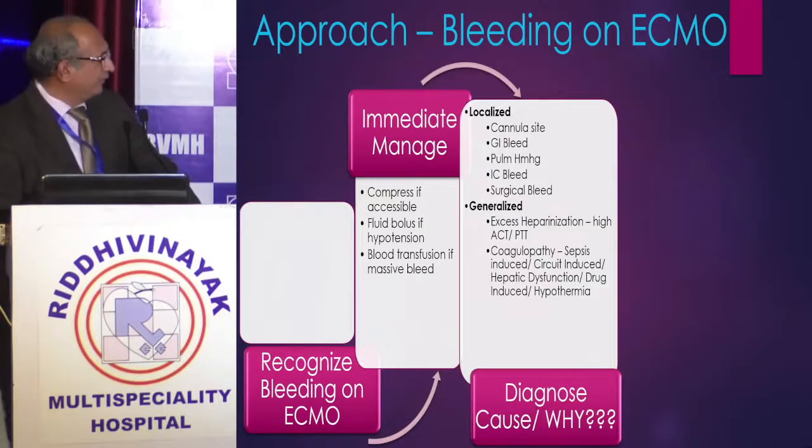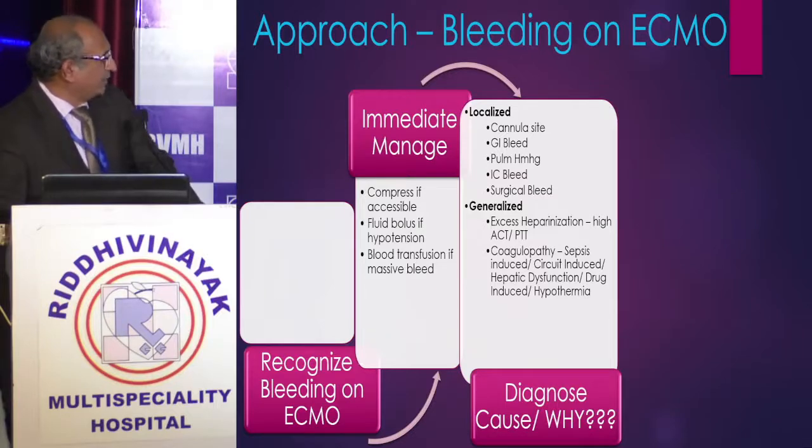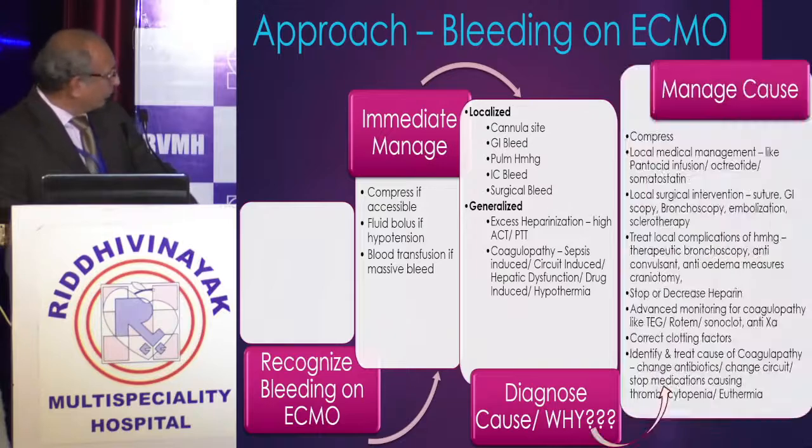You need to find out whether it is a localized bleed or a generalized bleed. Localized can be cannula site, GI bleed, pulmonary hemorrhage, IC bleed, surgical bleed at the surgical site. Or generalized can be because of excess heparinization or some coagulopathy. So you need to find out the cause.